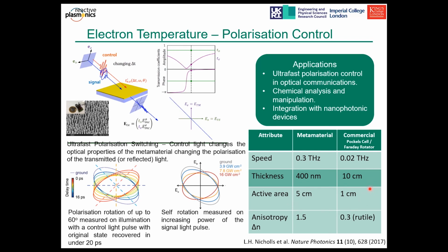The active area of the metamaterial is macroscopic, and so we can create 2-inch wafer size devices. And also, the strength of the anisotropy of this metamaterial is 5 times stronger than any naturally occurring material, which is usually used for polarization control.